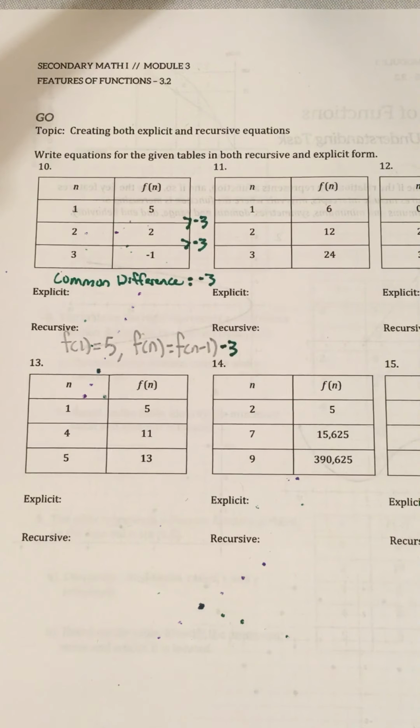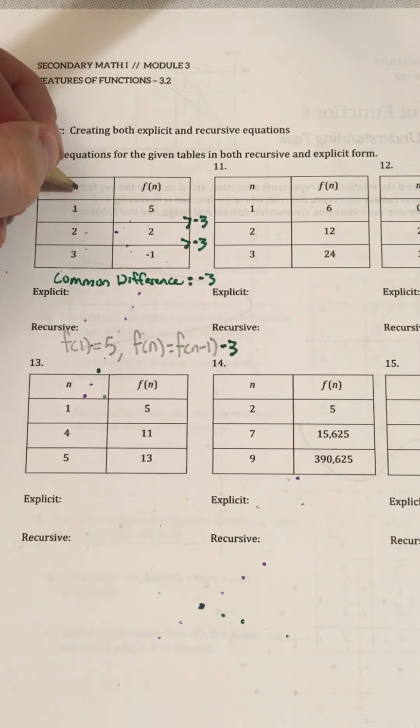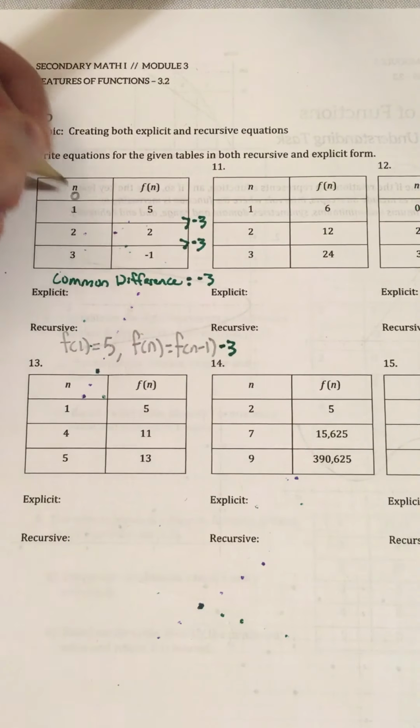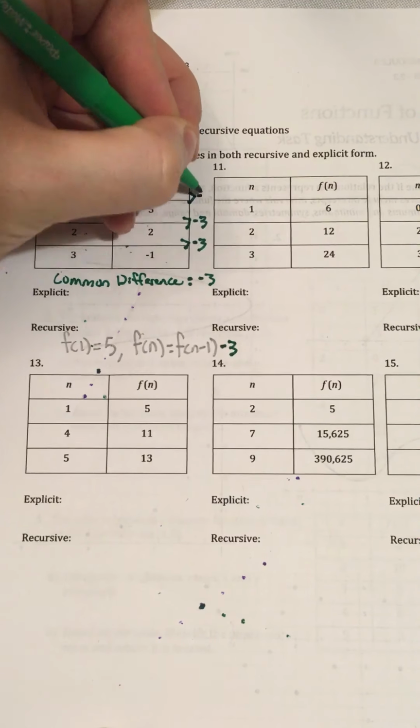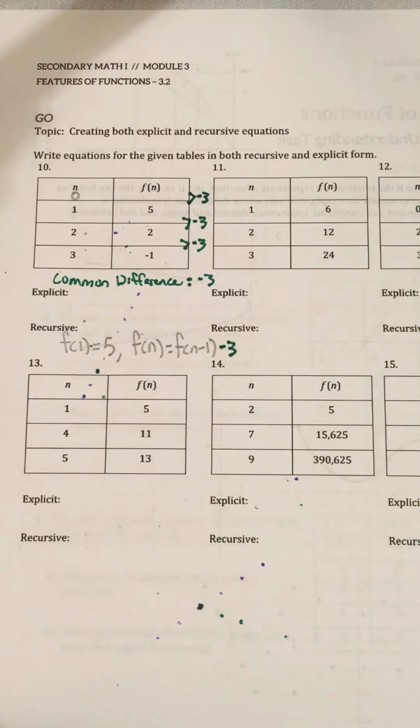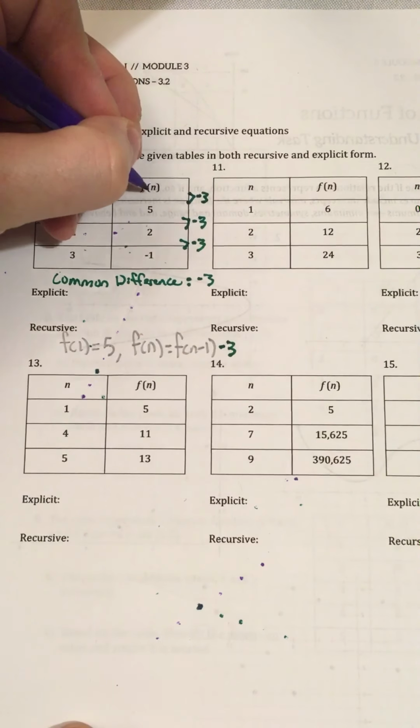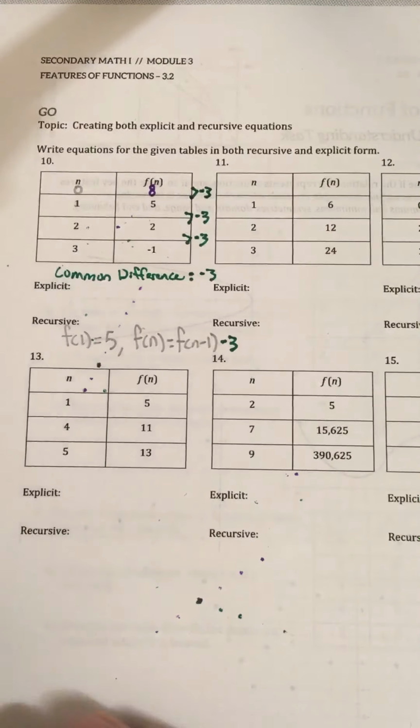In our explicit form, we could either write point-slope form or slope-intercept form. I'm going to do both. So to write slope-intercept form, I have to find my y-intercept, and to do that, I have to figure out what the value would be when n is 0. And so I'd have to figure out if my pattern is -3, what number would have to be when n is 0. And to continue that pattern, it would have to be 8.